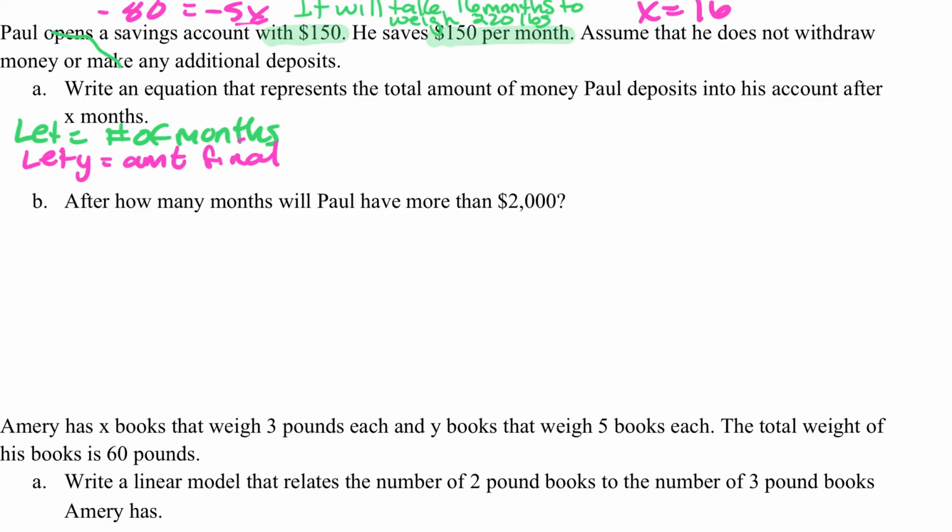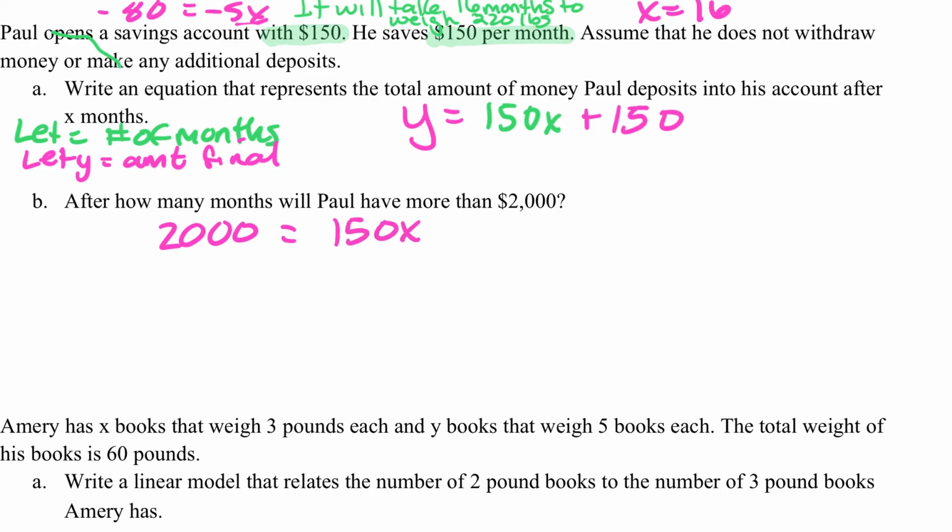So my equation would be Y is equal to 150x plus 150. And then it says, how many months will Paul have made more than $2,000? So I'm going to do 2,000 is equal to 150x plus 150.